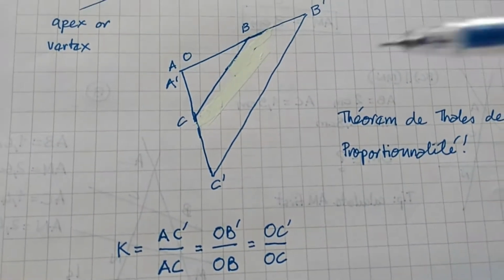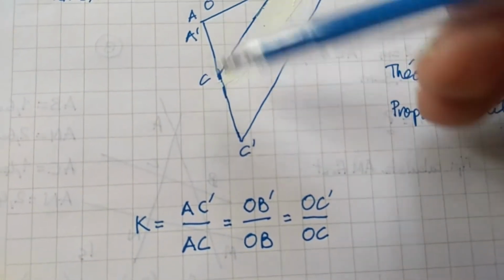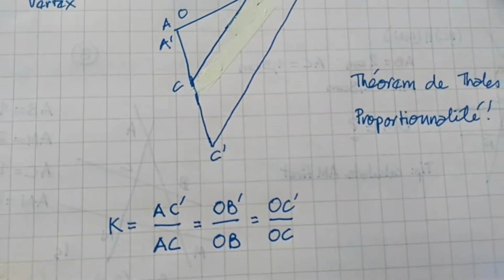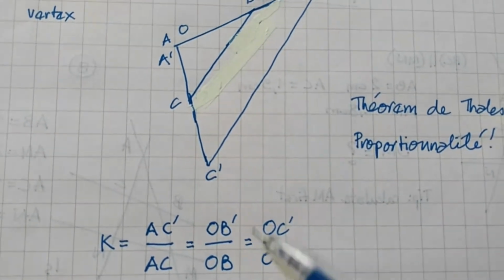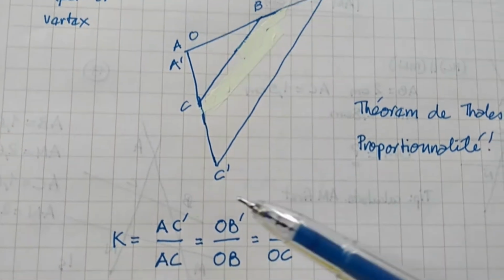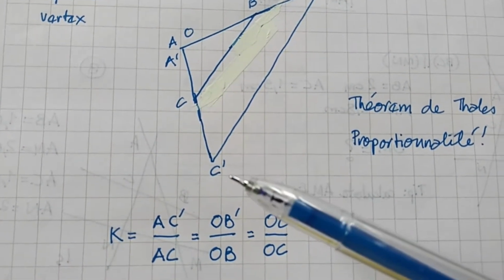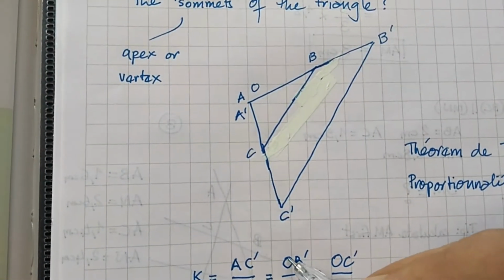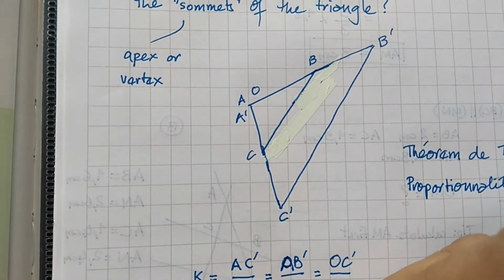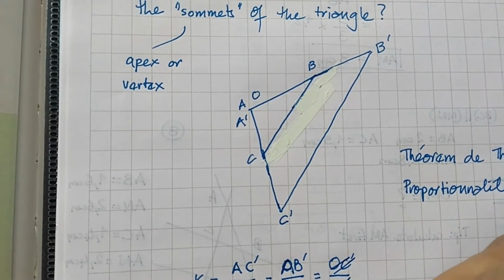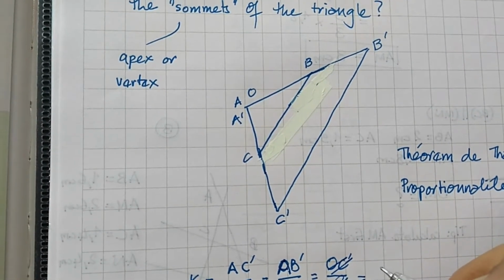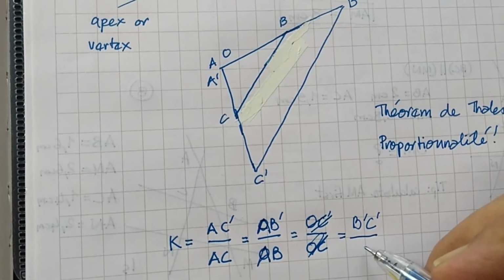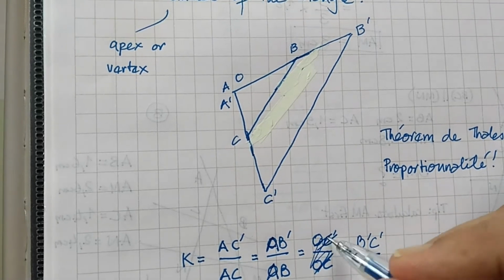And if we look at it, AC prime sur AC est égal à, this is from Theorem de Thales, AB prime sur AB, and this is, sorry, that's a mistake, B prime C prime sur base A. Okay, sorry about that.